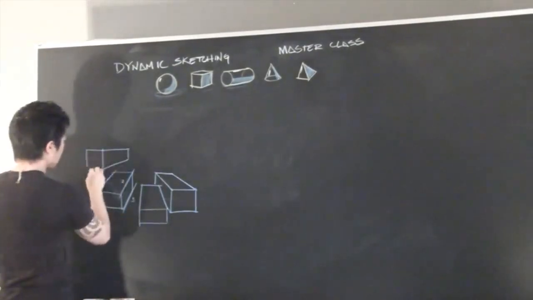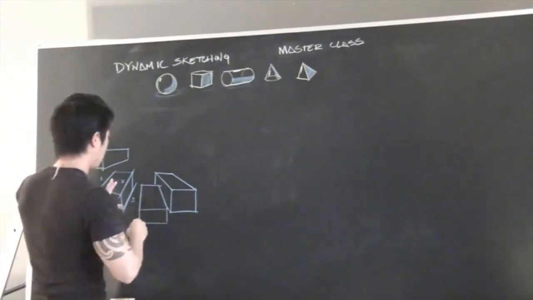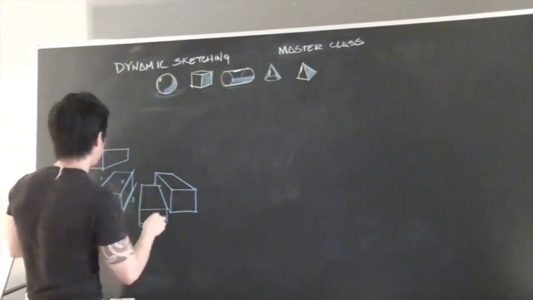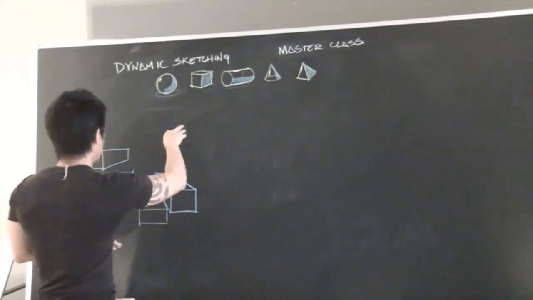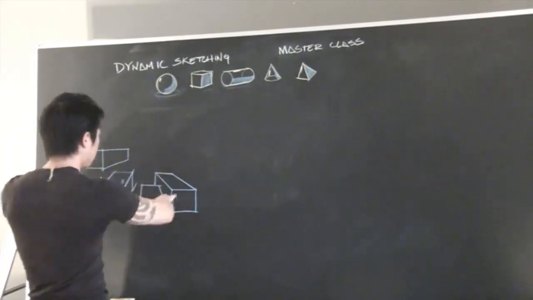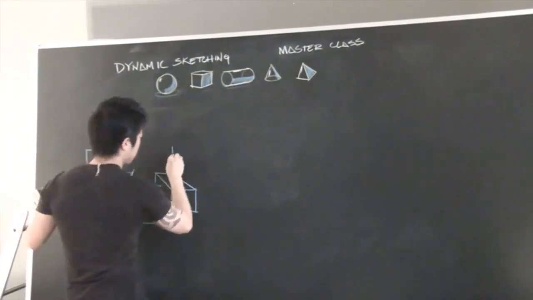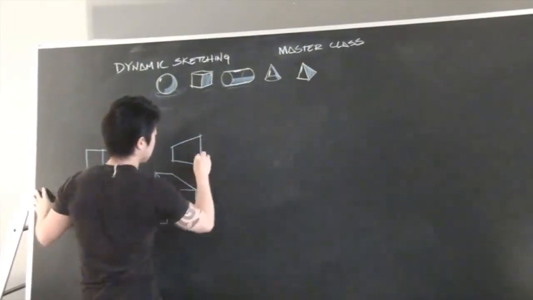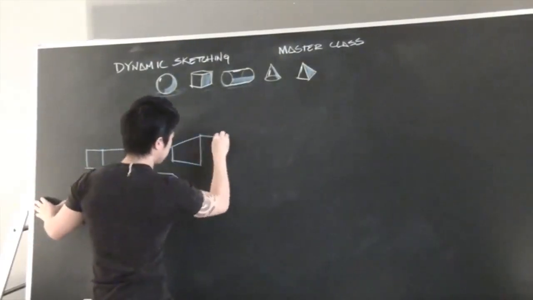And this is just an exercise for you guys to get a basic handle on just eyeing perspective using any other kind of forms. For right now, I just want to keep it to boxes, but you can use cylinders as well or any other shapes.